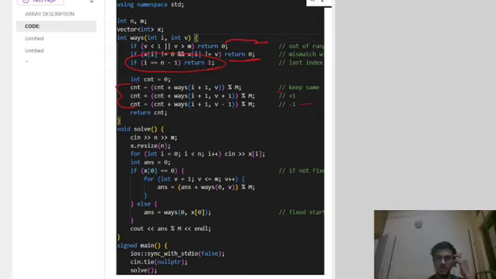I hope it would have been clear to you, and at last we will return the count. That is the answer. And we are taking the modulus because in the question it has been asked to take the mod value because the answer can be large enough.